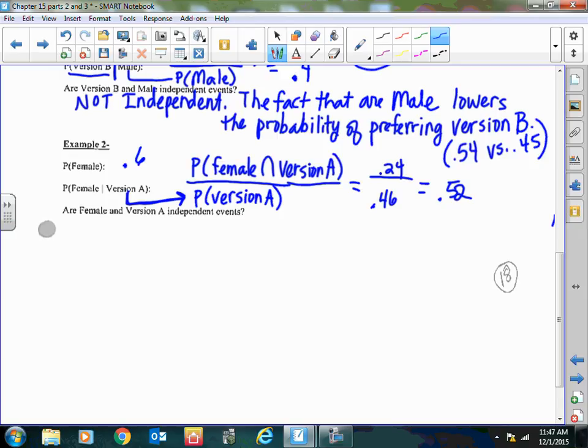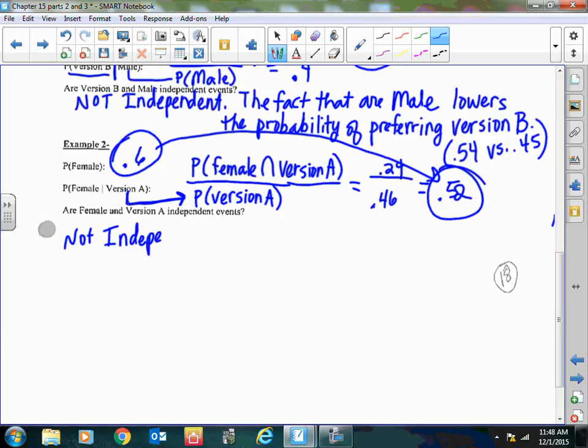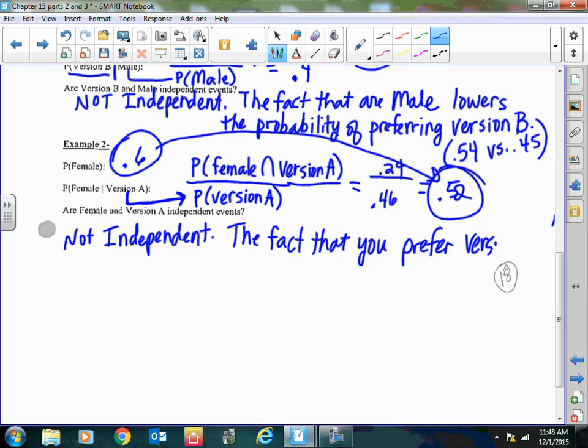So then we go, hey, what happened? Overall, 60% of my sample is females, but when I just looked at all the version A people, what percent of them are females? Only 52%. So what has happened? The rate changed. And if the rate changed, then they are not independent, because the fact that you prefer version A makes it what?